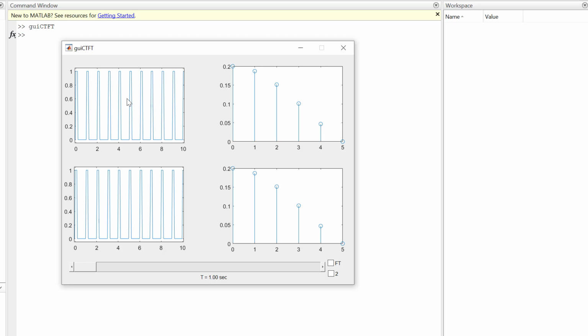It goes up to 1, but only for about perhaps 20% of the time. So its average value would be 20% of 1, which would be about 0.2, and that in fact is what that DC value is. Its fundamental component is the strongest, and its second, third, fourth, and fifth harmonics are as shown.